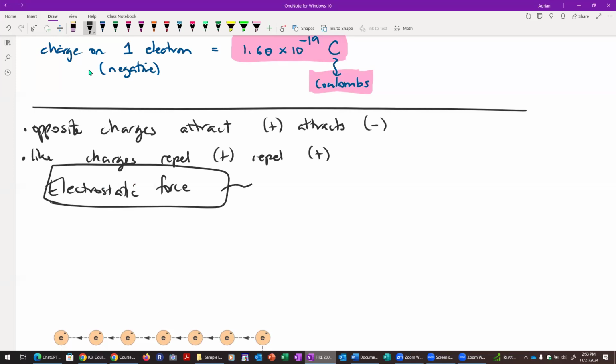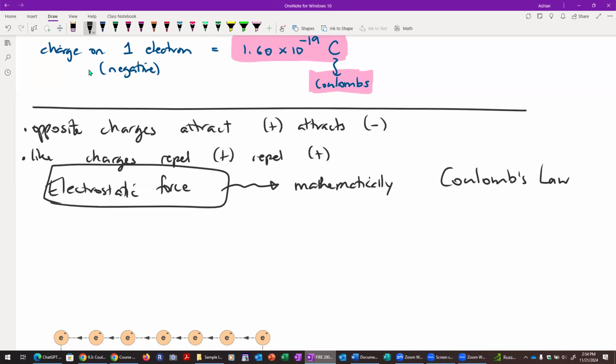So this can be summarized in a mathematical law. Mathematically, as you know, most laws can be represented by a simple math relationship. So mathematically, that electrostatic force can be represented by a law known as, believe it or not, Coulomb's law, named after the same person, Charles Coulomb, after which the unit of coulomb was named.